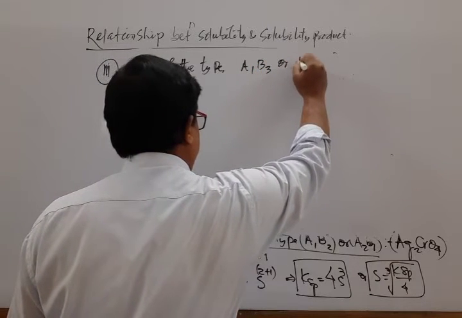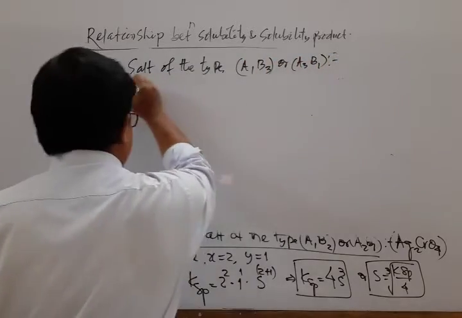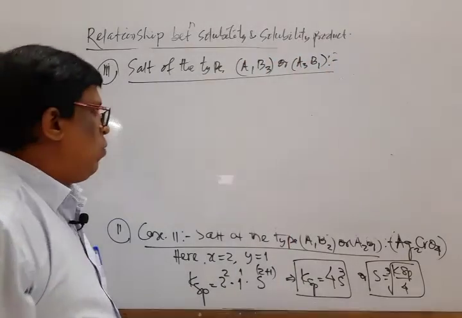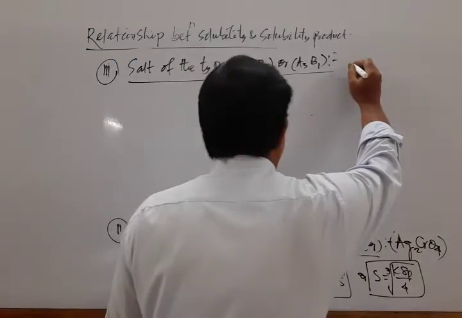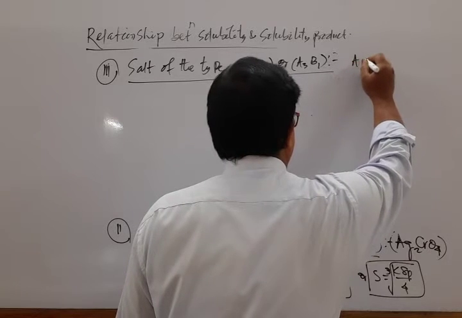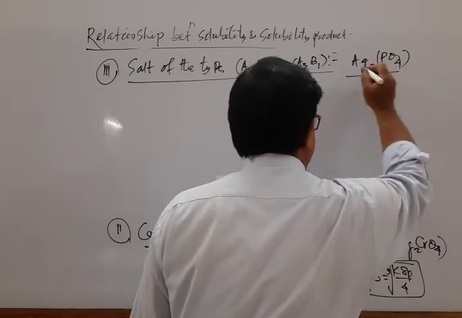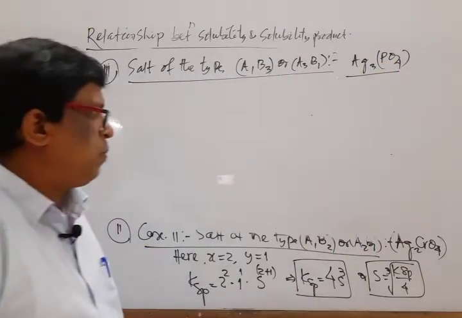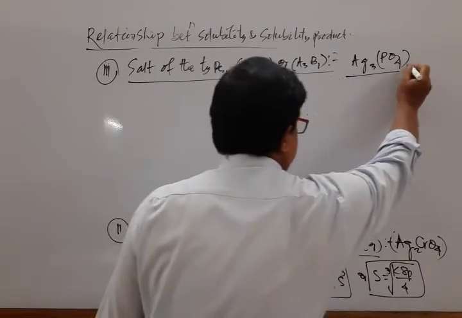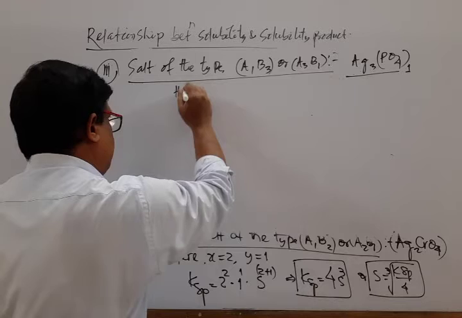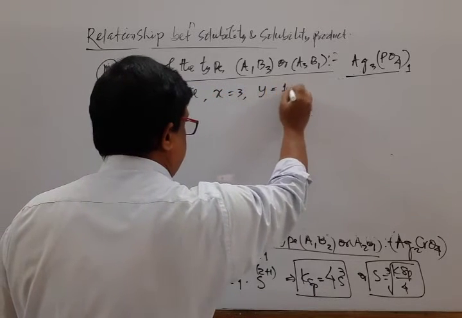Salt of the type A1B3 or A3B1. Mark that. That is silver phosphate. I select silver phosphate. Here x is equal to 3 and y is equal to 1.